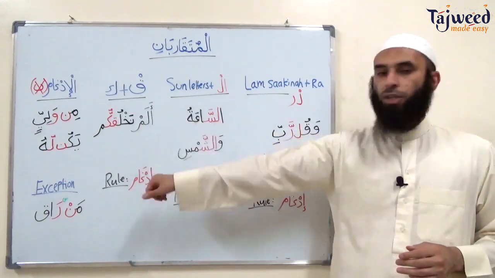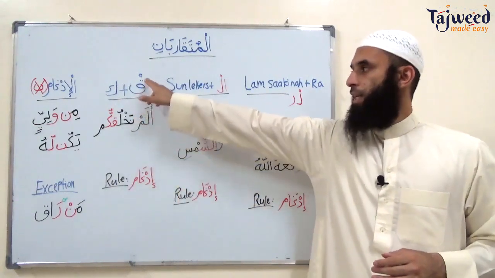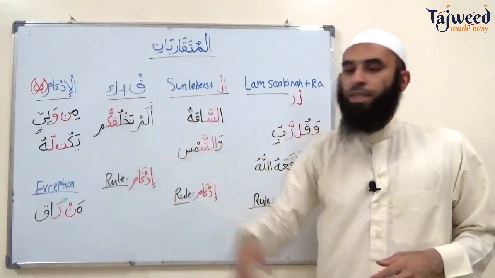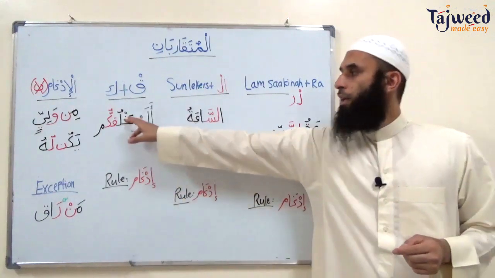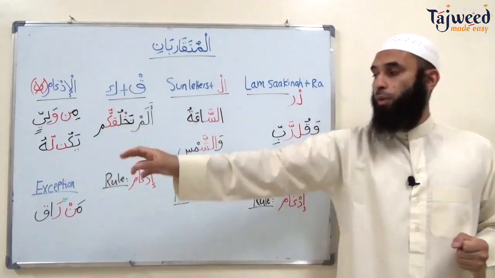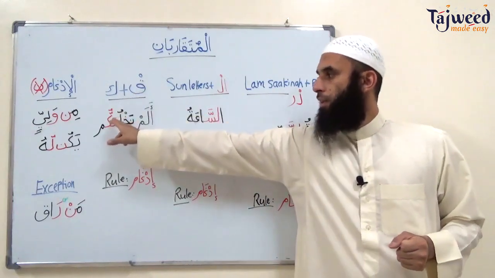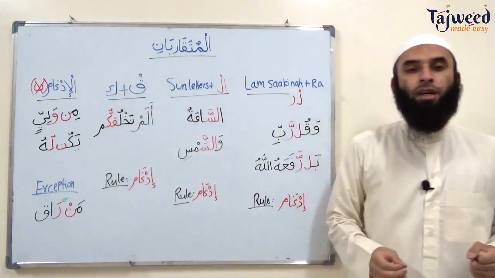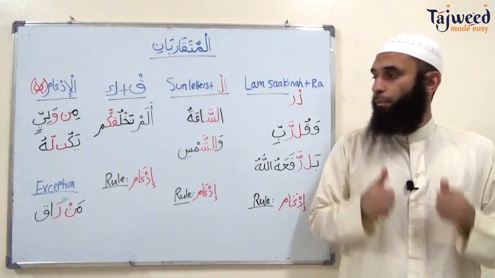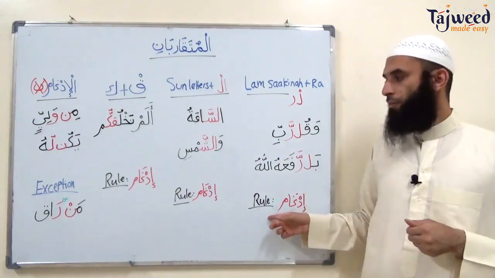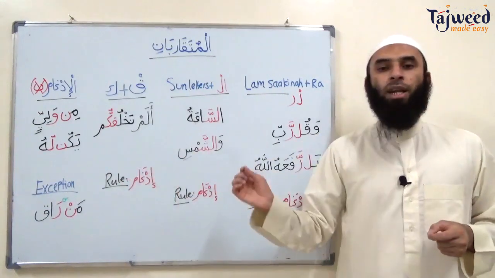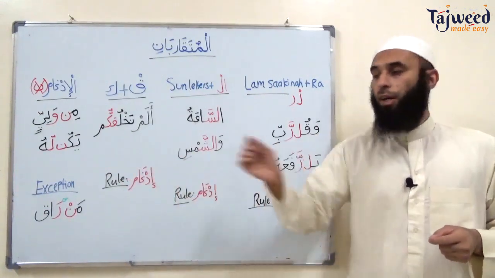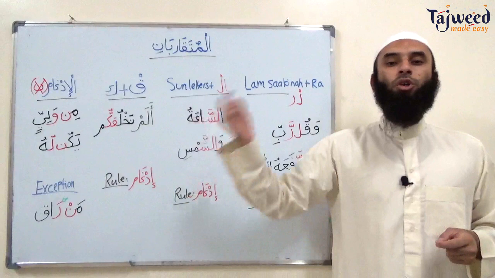The third situation is when qaf sakina, qaf with a sukun, meets a kaf. There's only one place in the Quran, alam nakhluqkum. When the qaf sakina meets a kaf, there are two different ways of pronouncing it. Number one, the rule of idgham, so merge the qaf onto the kaf. So this will be alam nakhluqkum instead of saying nakhluqkum clearly.